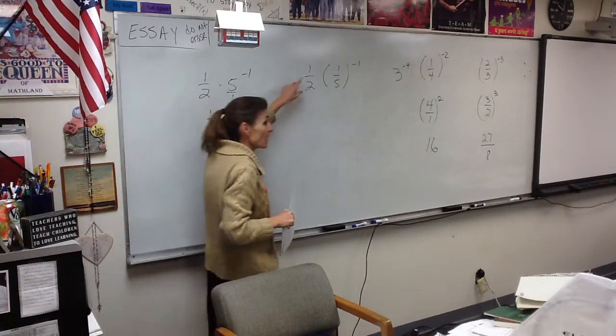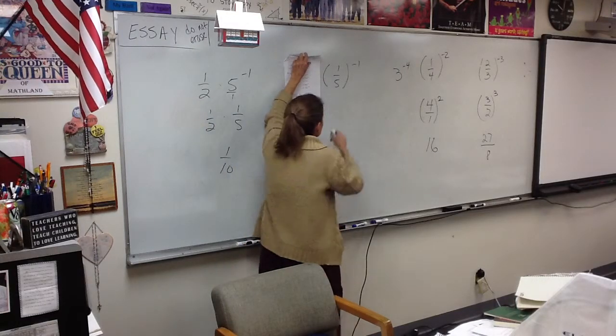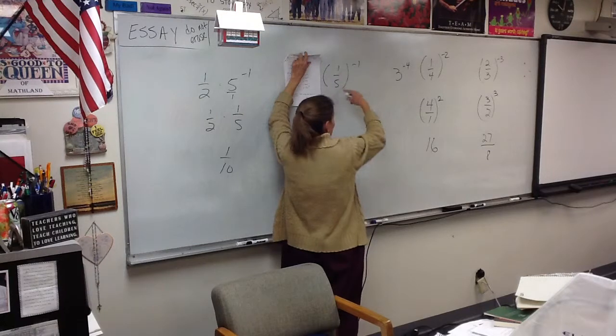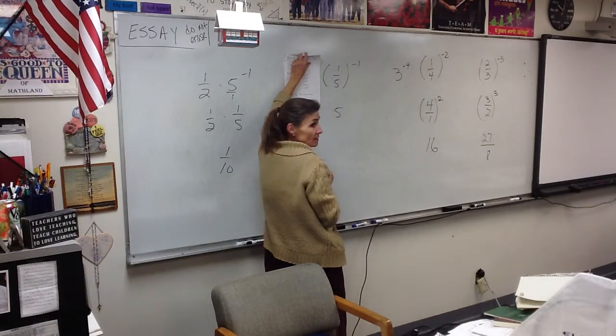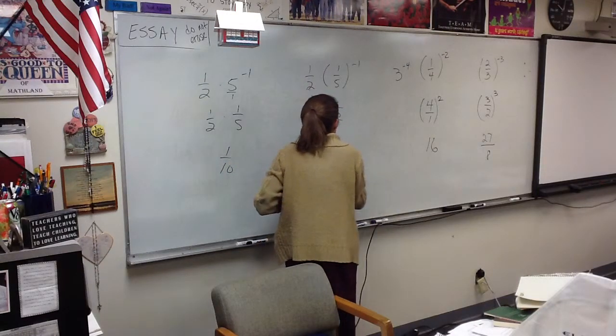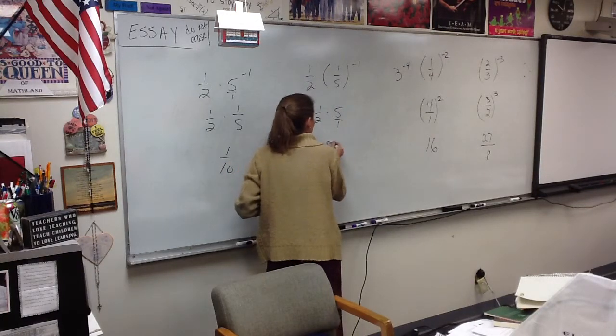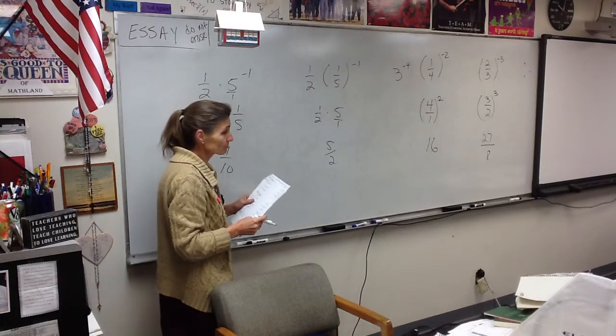Now check this one out. Get this 1/2 for a second. What's going on here? Flip. When it flips, it just becomes 5. Everybody see that? Yes, ma'am. Times 1/2, which is 2.5, or 5 over 2, whichever way you want to write that.